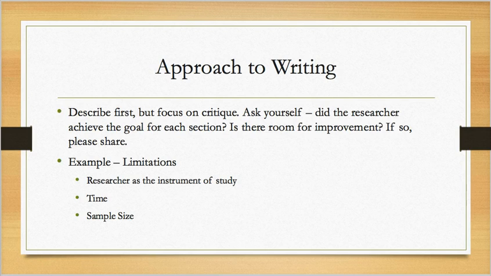So although we say qualitative research is not predictive in nature, the sample size should still be somewhat representative of the overall population. So you can analyze that and evaluate it. And so I want to give you the limitations as an example here to talk you through what it means to evaluate some of these sections.